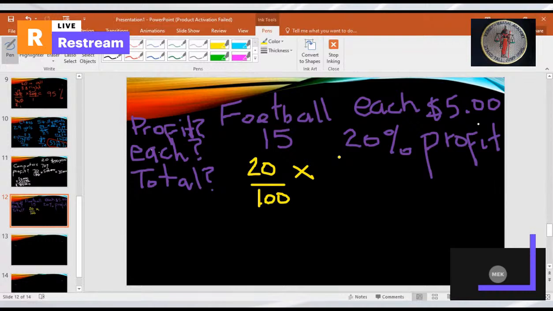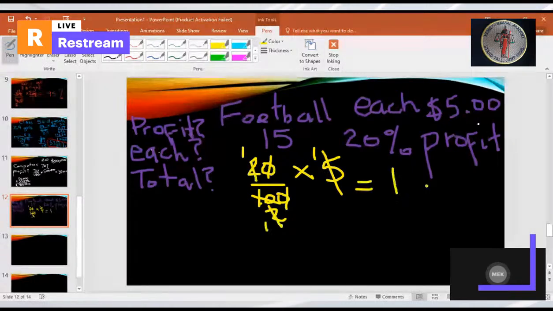So we're finding 20% of the $5. All right, so 0 cancels that one. 5 into 10, 2 times. So actually, 20% of $5 is $1. Okay, so we're making a $1 profit on each one.